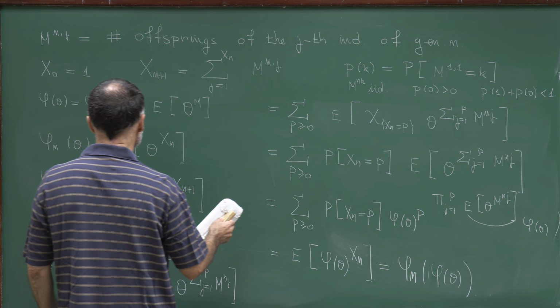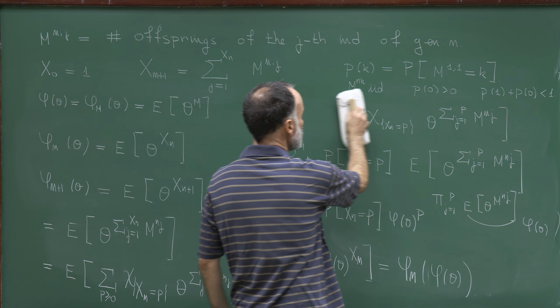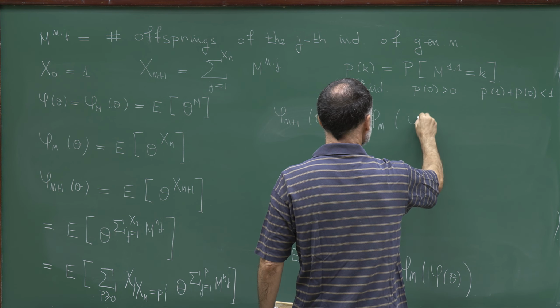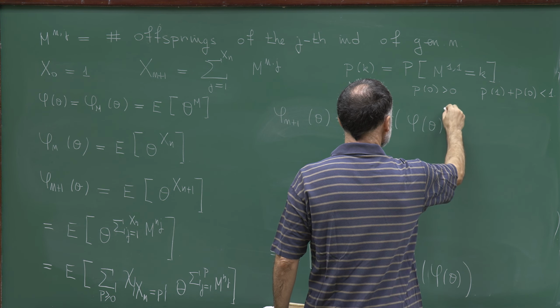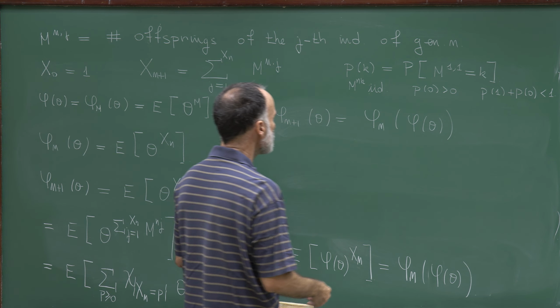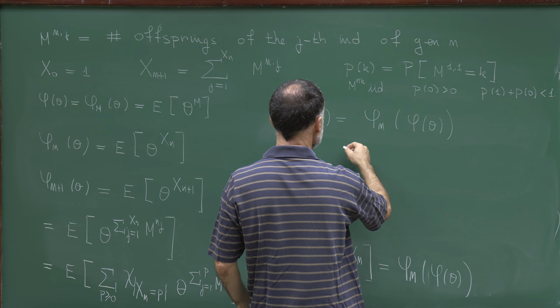So let me erase this expression and rewrite what we just proved. We proved that phi n plus 1 of theta is equal to phi n of phi of theta. And now I can iterate this relation and apply it to n minus 1.